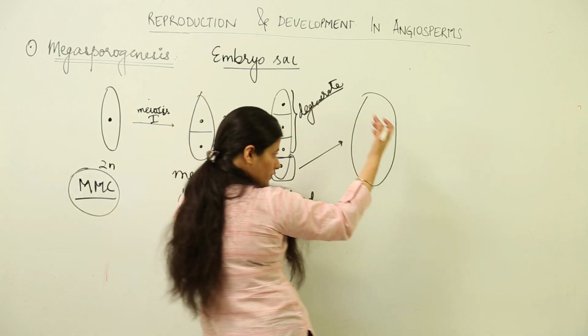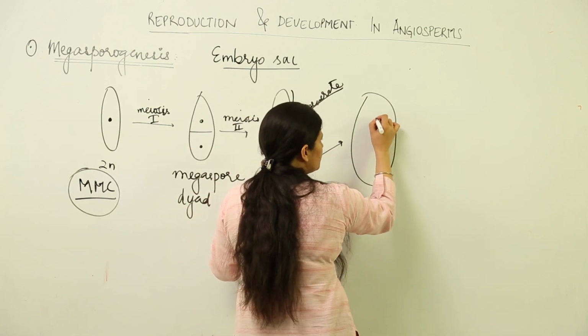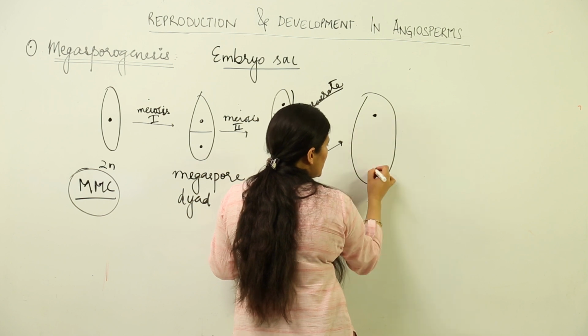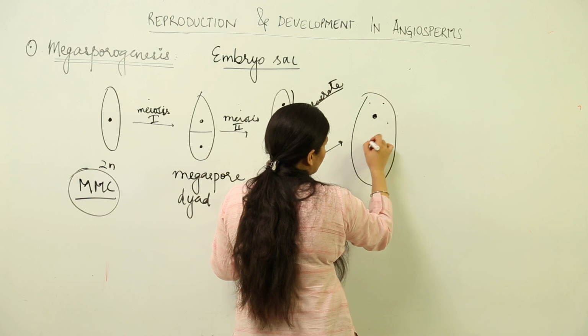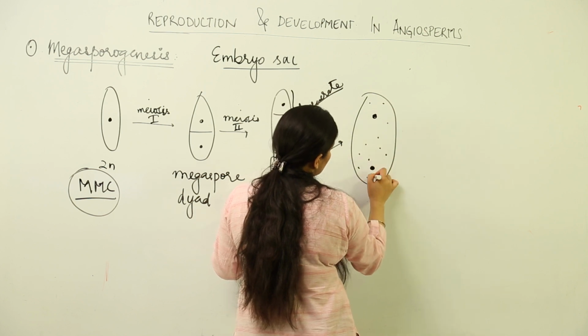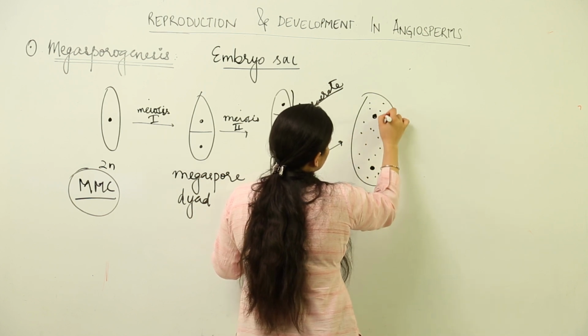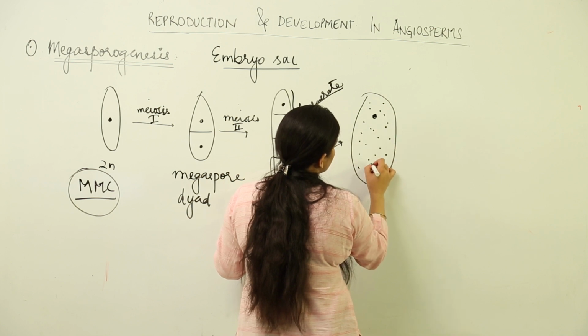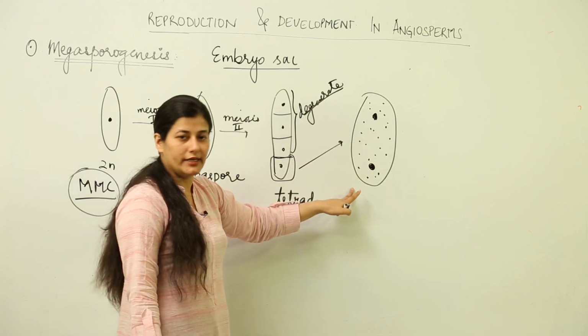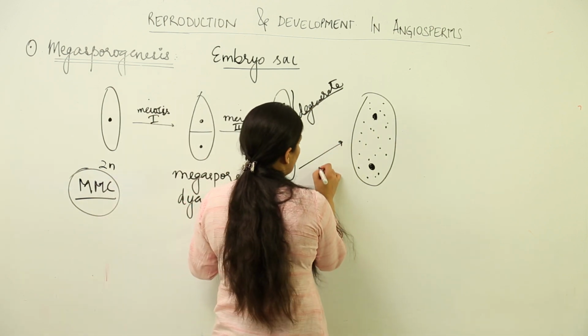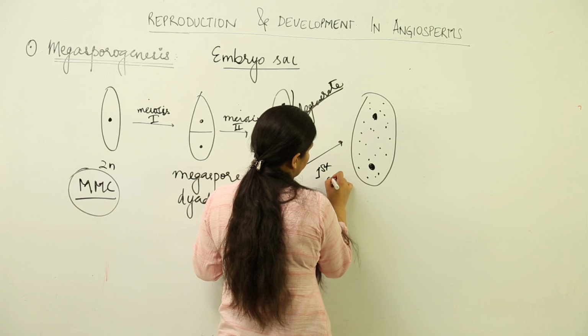This one increases in size and undergoes the first division, resulting in the formation of 2 nuclei. But such is the division that cytokinesis does not take place. So, you have 1 cell, 2 nuclei. This is the first division.